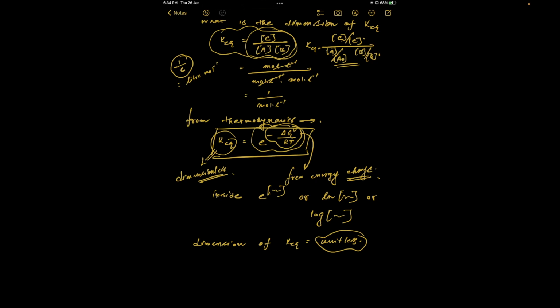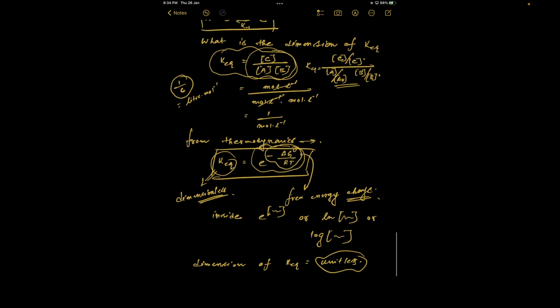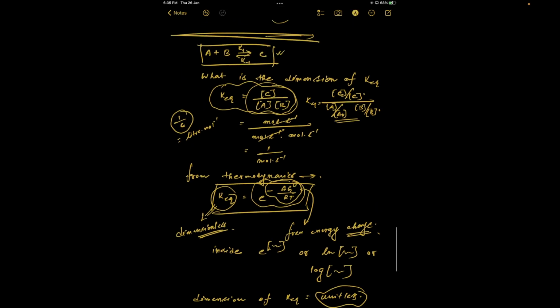Actually you should not worry about this question, because in the question it is written: what is the dimension of K equilibrium for this type of reaction? With this expression, if you write K equilibrium, you get 1 upon mole liter inverse, which is liter mole inverse.